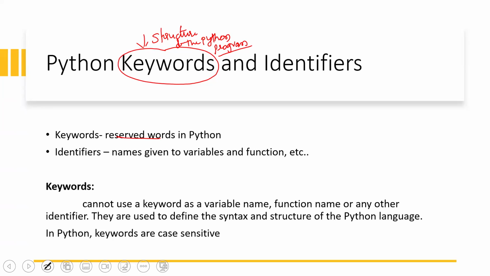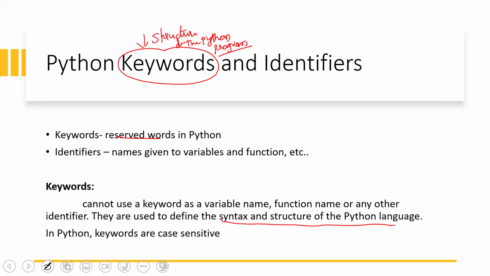Without keywords, there is no program. Keywords cannot be used as a variable name, function name, or any other identifier. I will talk about identifiers later. They help us to define the syntax and the structure of the Python language.